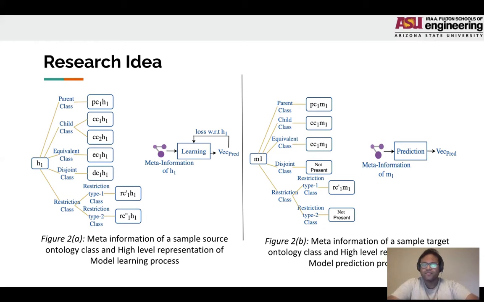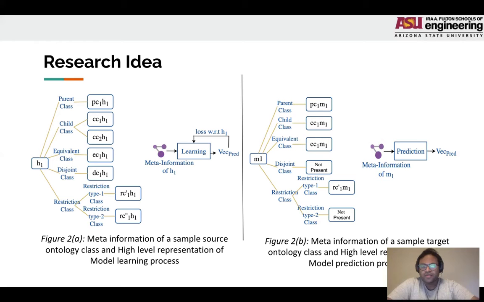The task is basically to find similar human entities corresponding to a particular mouse entity. On the left side, let's say h1 is one human class. It has all the meta information: parent class, child class, equivalent class, disjoint class, and restriction classes.